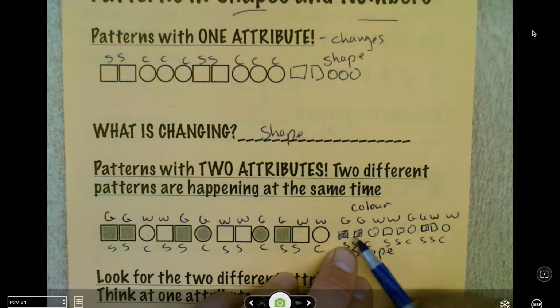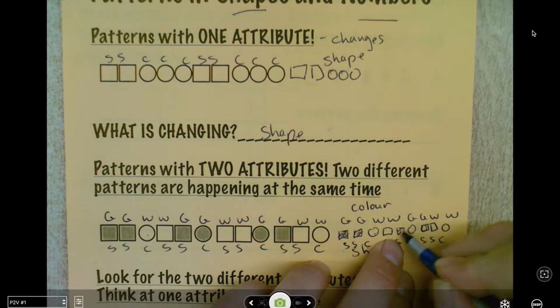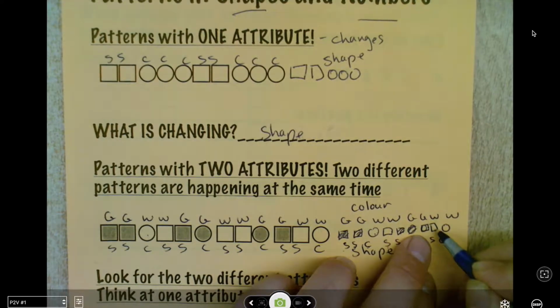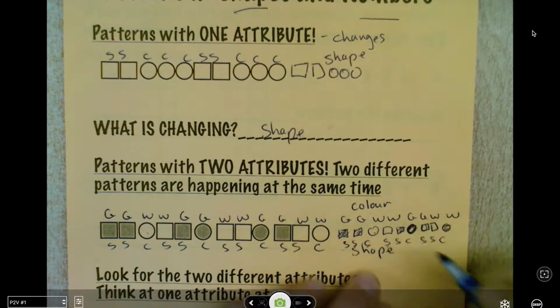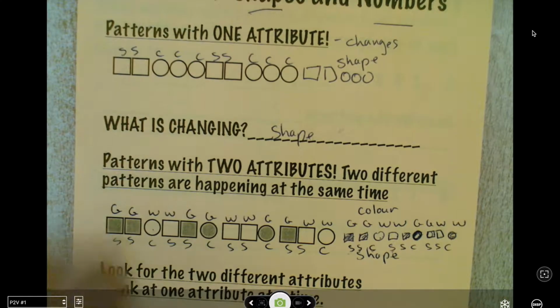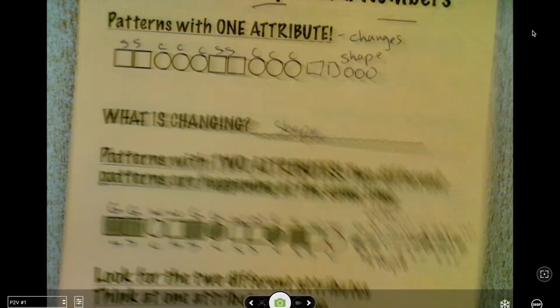I need gray, gray, white, white, gray, gray, white, white, gray. On the bottom, I need square, square, circle, square, square, circle, square, square, circle. So when you're doing a pattern like this, it's good to isolate one attribute on top and one on the bottom, and then just try to extend it after that.